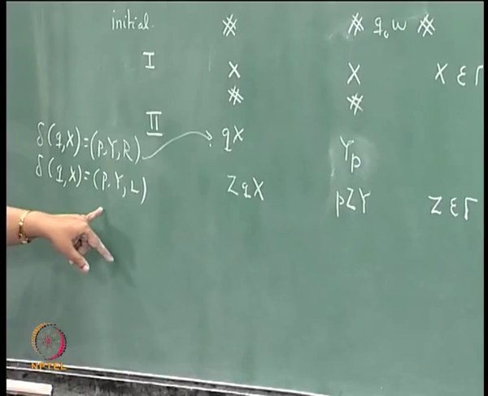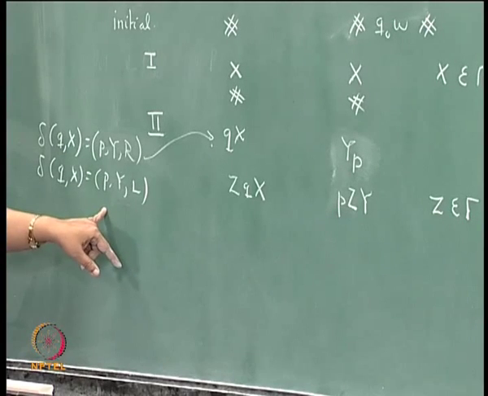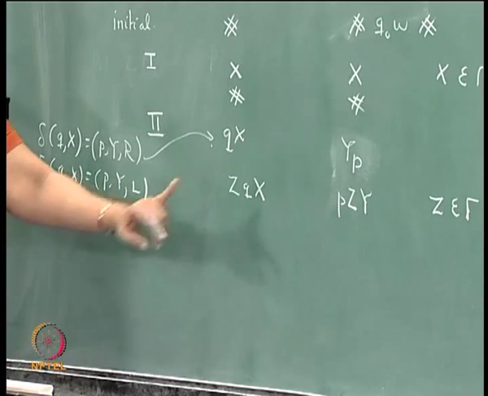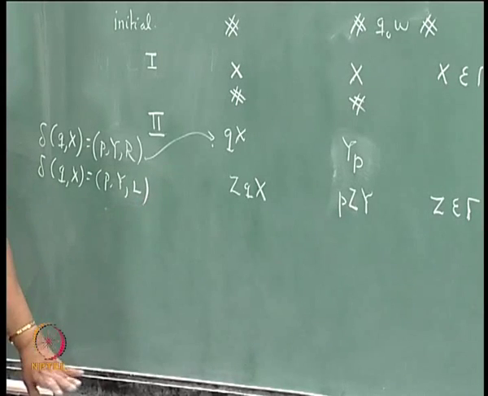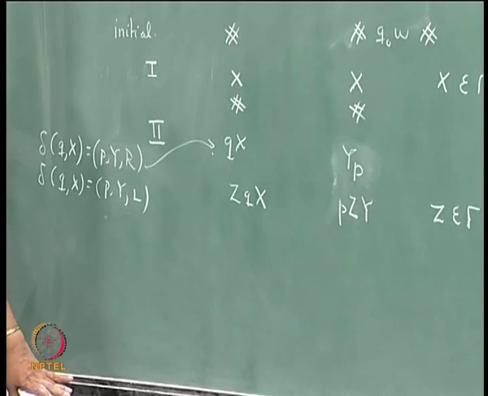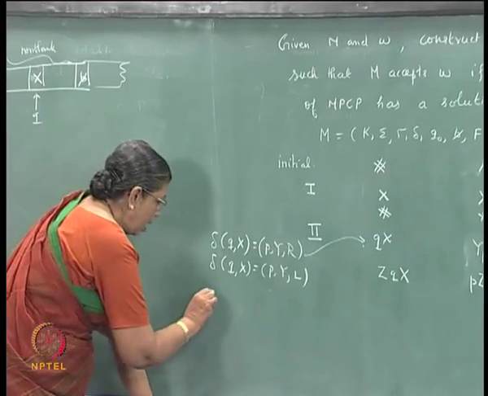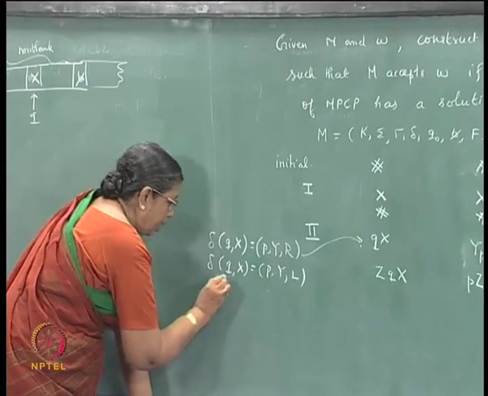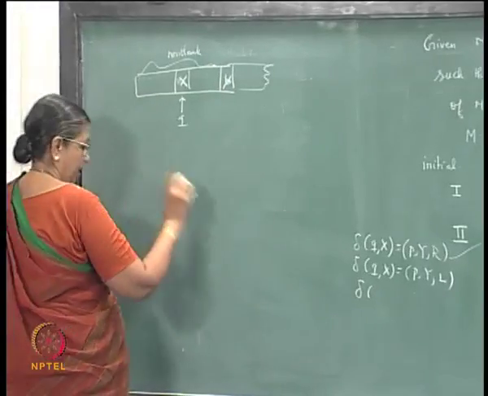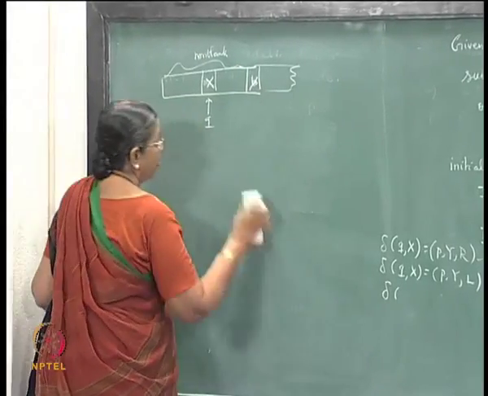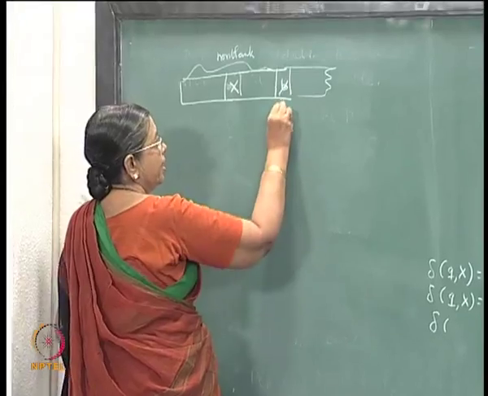For a left move, for each symbol of gamma you have a pair. There will be several pairs like that.